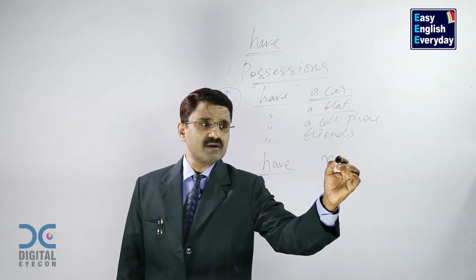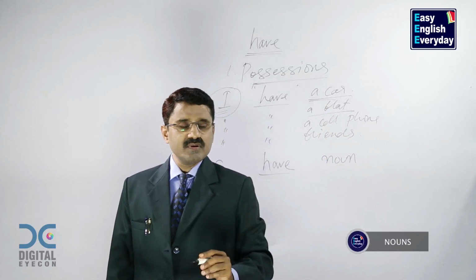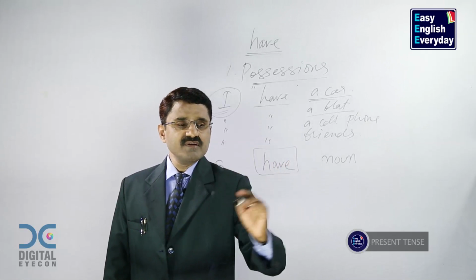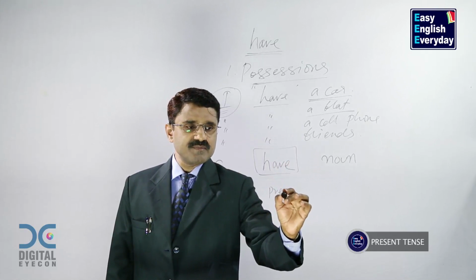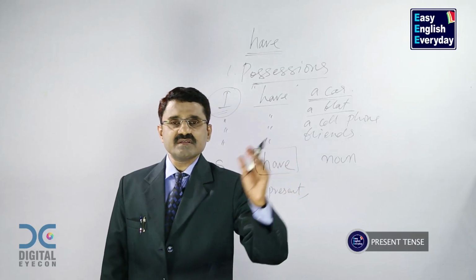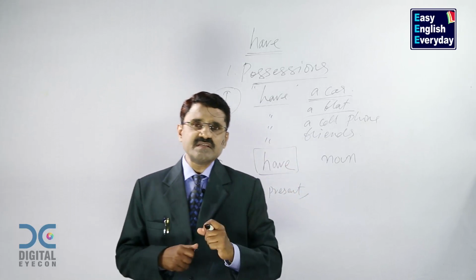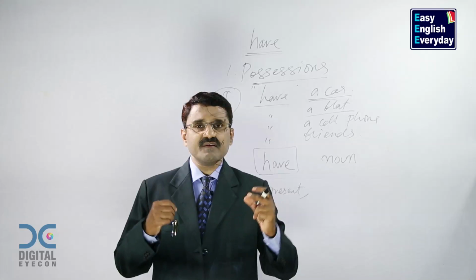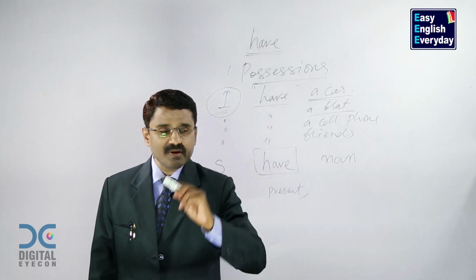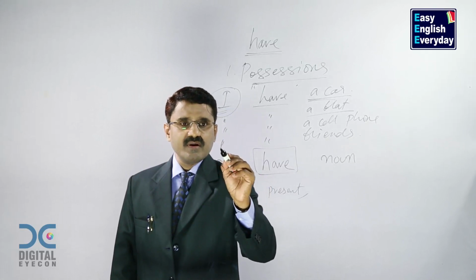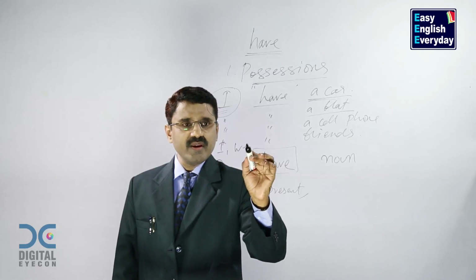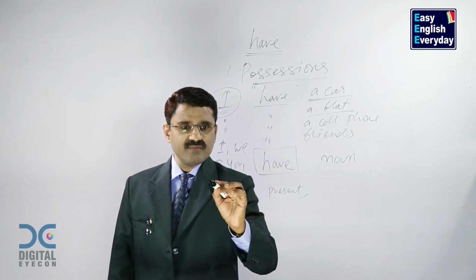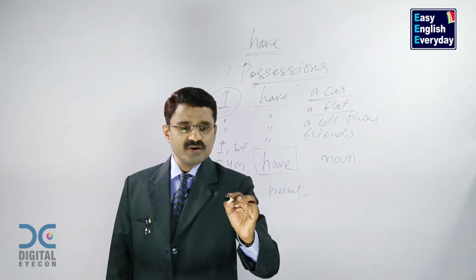All these things are called noun. And have indicates present tense. You can use this to talk about your present possessions, the items which are there with you. Now, how many people can go with have? I have, we have, you have, they have, children have.